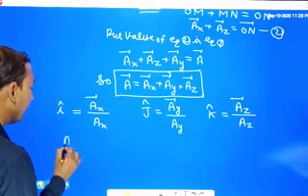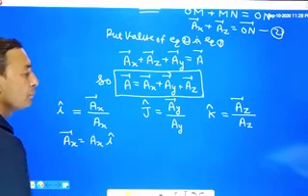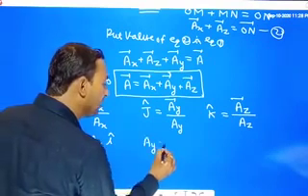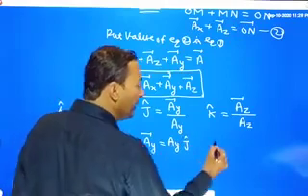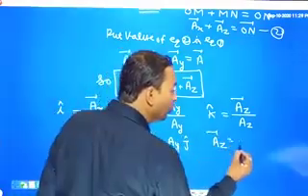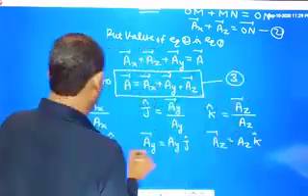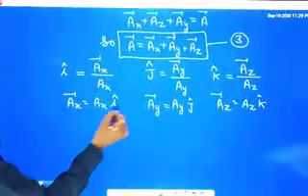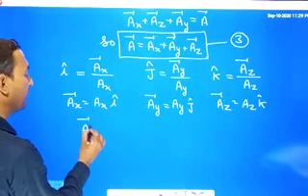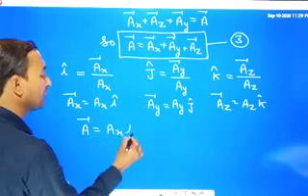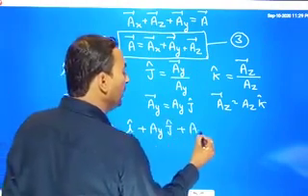So we can write Ax vector equal to Ax i cap, Ay vector equal to Ay j cap, Az vector equal to Az k cap. This is equation number 3. Putting these values in equation number 3, we get A vector equal to Ax i cap plus Ay j cap plus Az k cap.